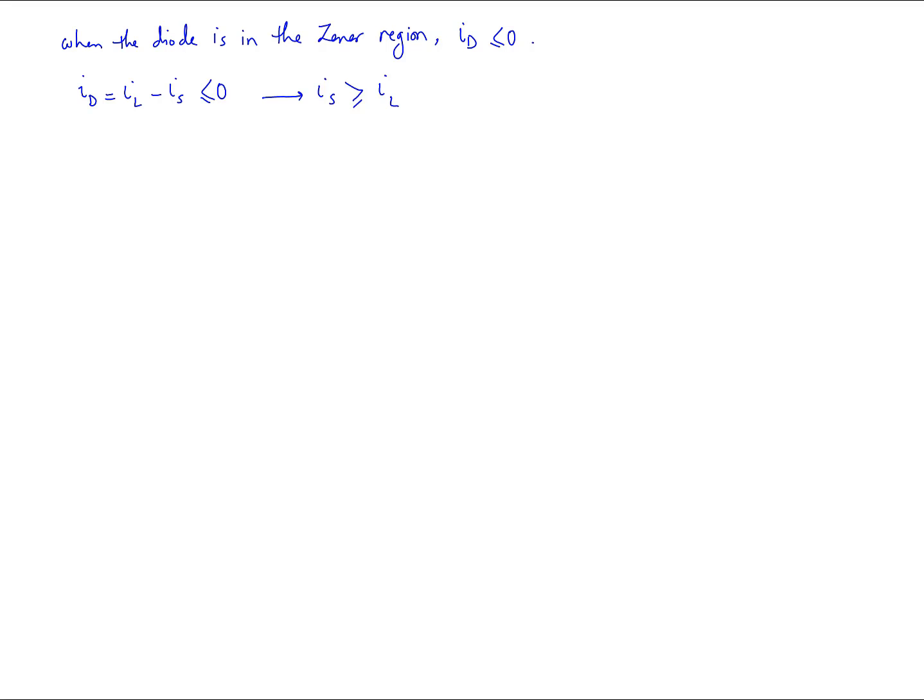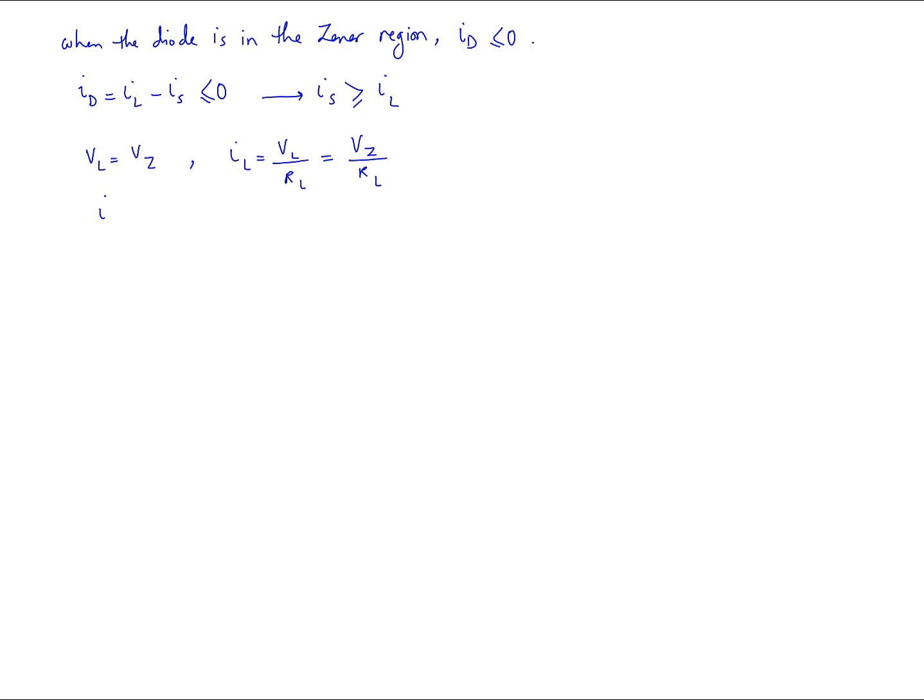Now, when the diode is in the Zener region, VL is equal to VZ, and IL is equal to VL over RL, which is equal to VZ divided by RL.